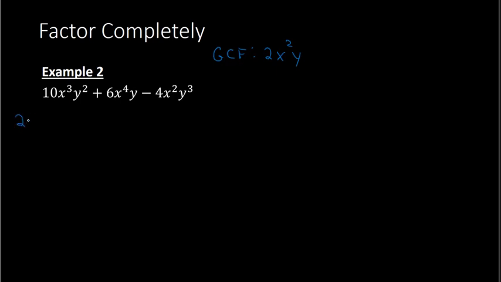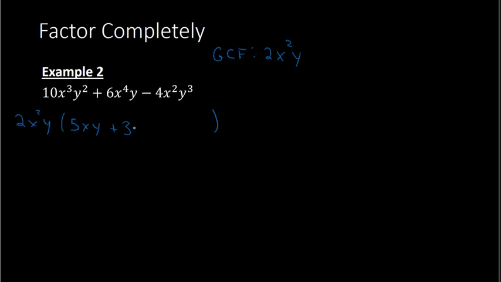So I pull that out, I'm left with something in parentheses. So 2x squared y times what gives me the first, middle, and then the last term. Well, 2 times 5 is 10. X squared times 1x would be x to the third, and then y times y would be y squared. The second term, 2 times 3 would be 6.